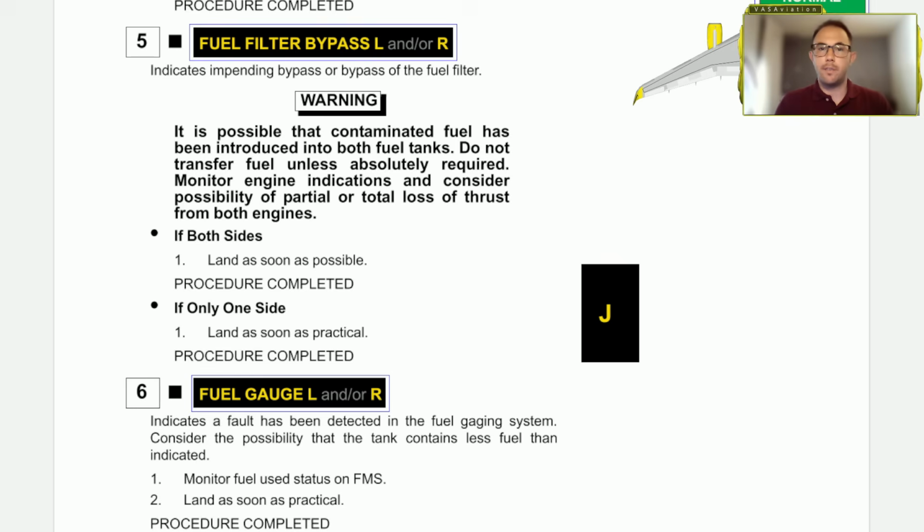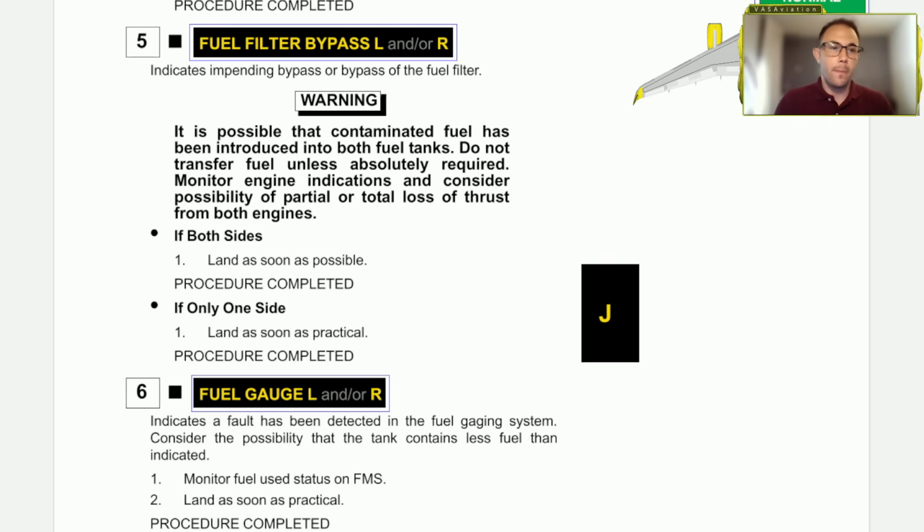So this checklist is from my aircraft. I fly a Cessna Citation XLS Plus right now, but it's pretty similar in all the family of the Citations. We have a message in the cockpit that shows fuel filter bypass left and/or right. As you can see, the checklist itself doesn't give you much information, or actually doesn't give you instructions to do anything about it. Indicates impending bypass or bypass of the fuel filter.